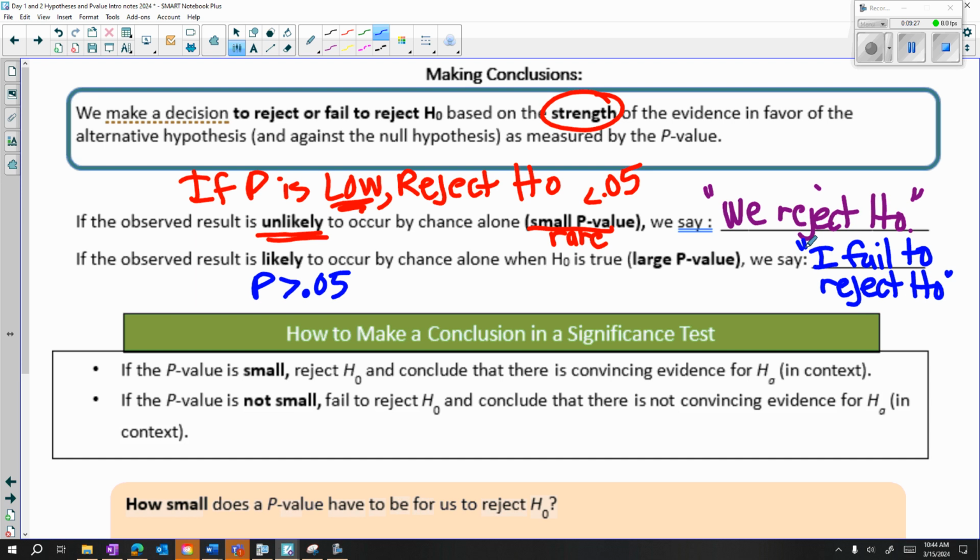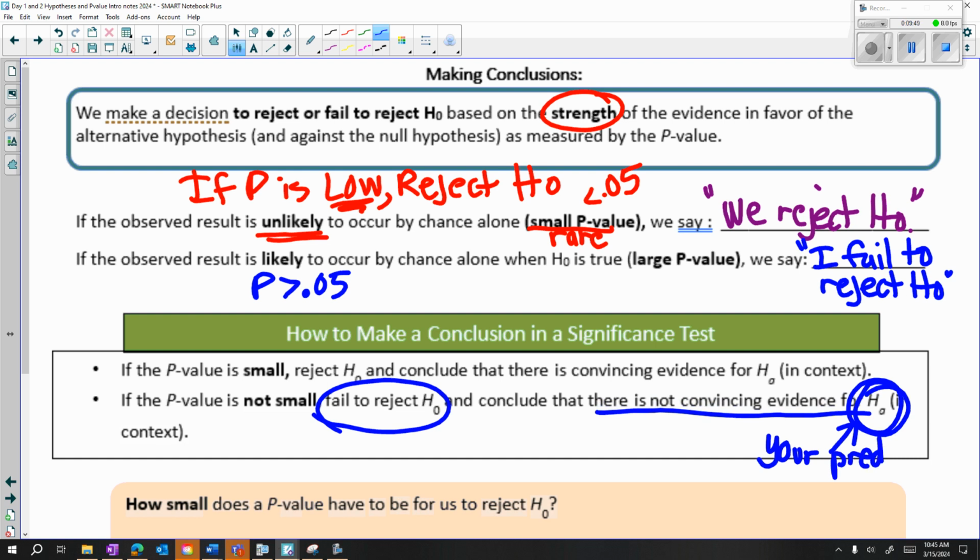So when P is lower than 0.05, reject H0. If P is not low, you can't reject H0. If you cannot reject H0, you say, I failed to reject H0, and there is not enough convincing evidence to prove your prediction, which is your HA.